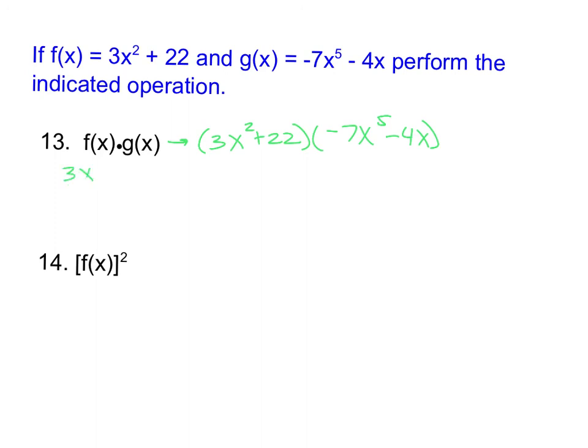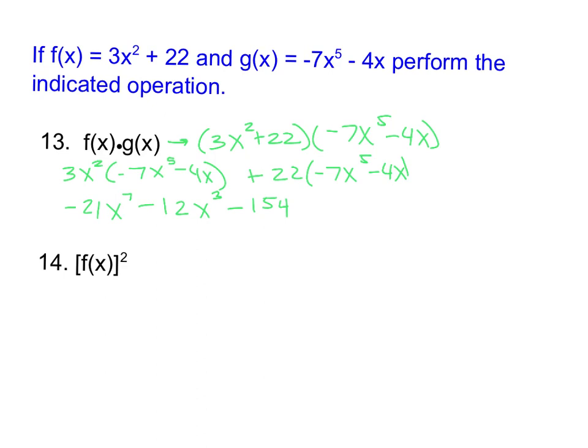So I've got my 3x squared times negative 7x to the 5th minus 4x, and then we got our 22. So we get negative 21x to the 7th. Remember, add your exponents. 12x to the 3rd. 7 times 22. Let's see, 14, carry the 1, 154. X to the 5th. And then 88x.